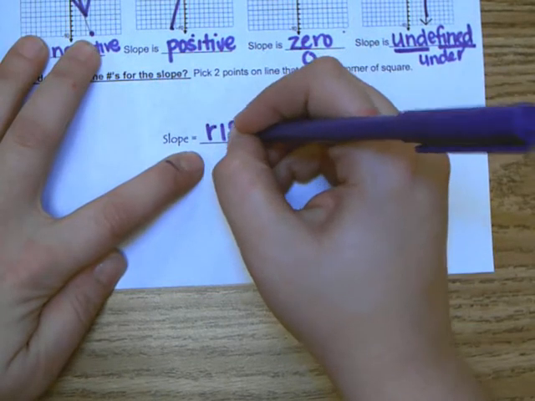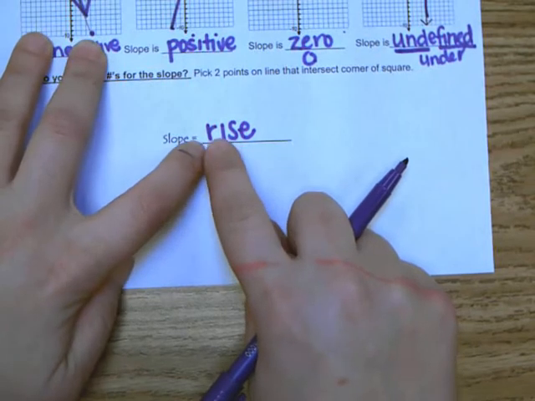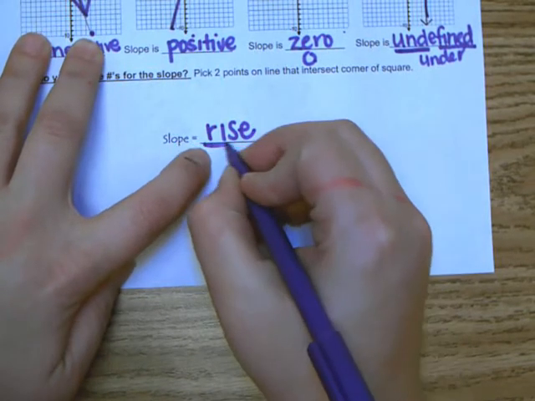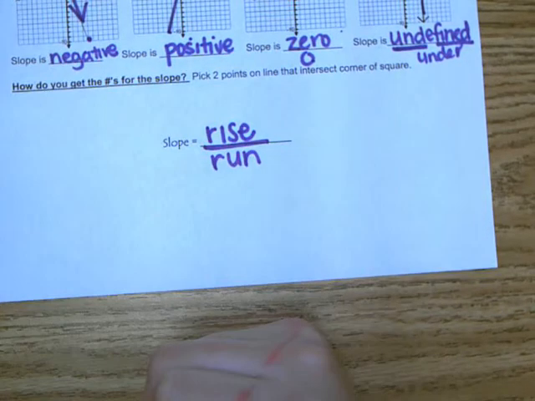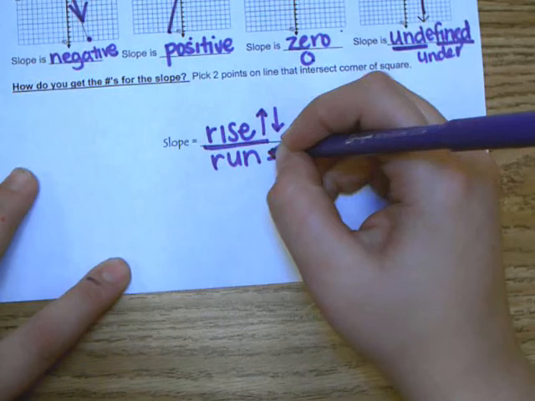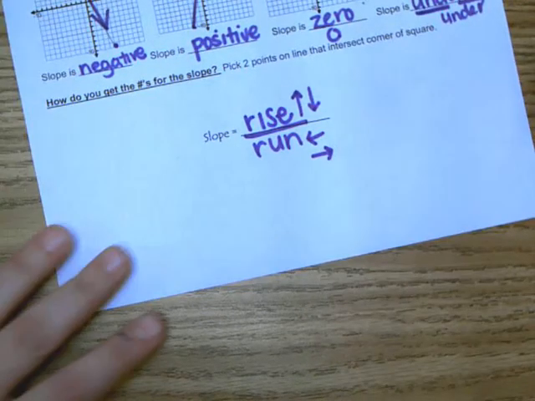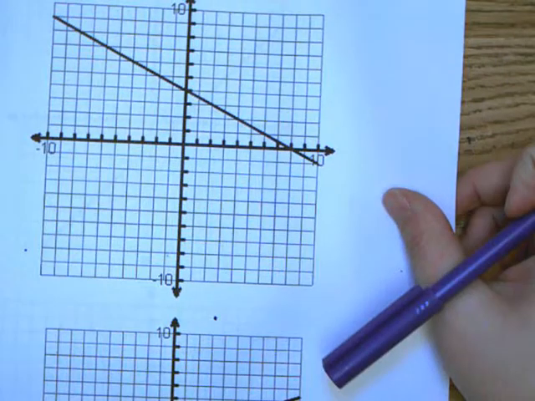Once you've picked two points, to find slope you have to tell how much the line rises and then put it over the horizontal distance, the run. So how much the line rises and how much the line moves horizontally. So let's go ahead and do an example.